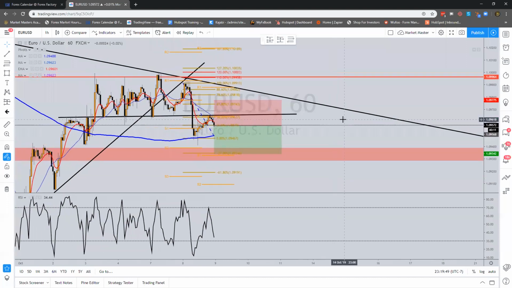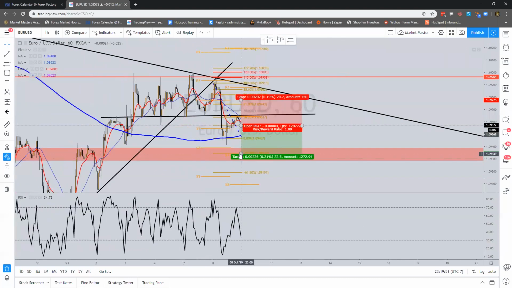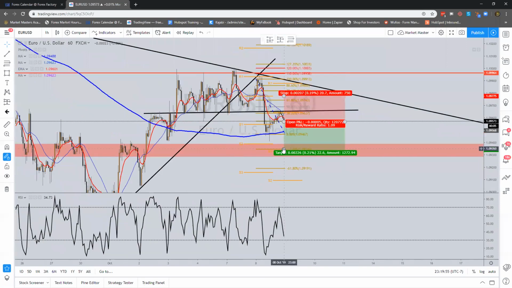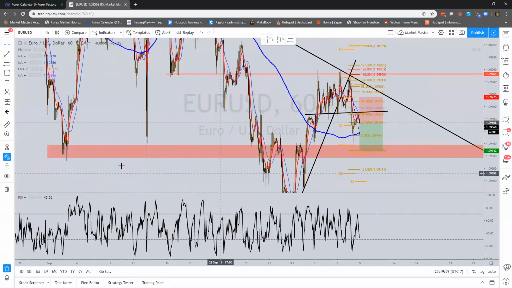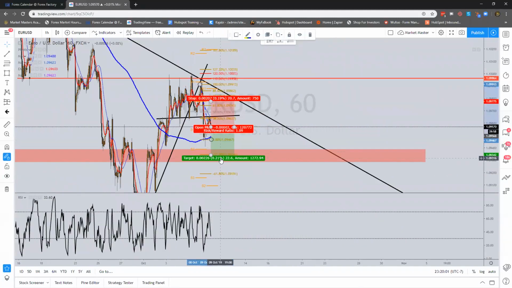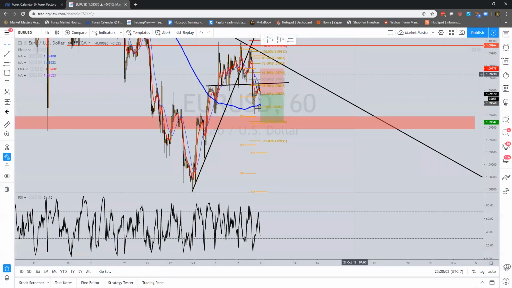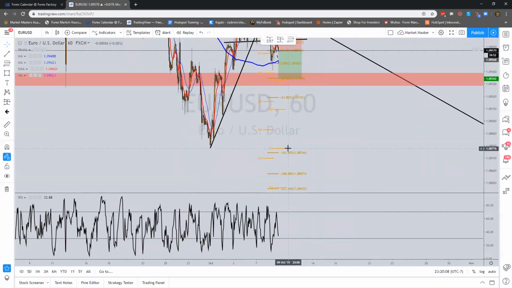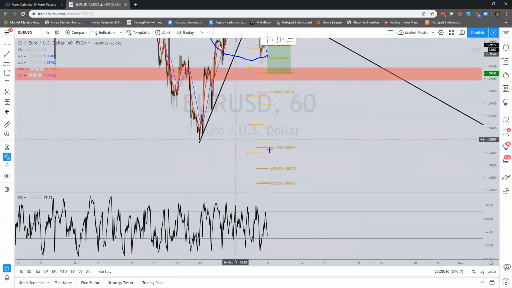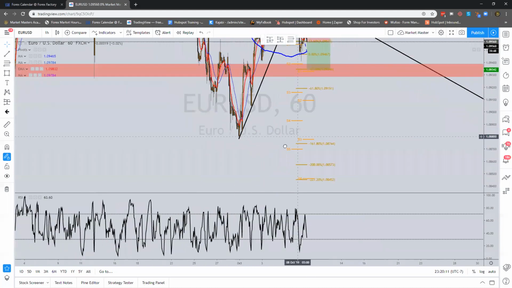But yeah, overall, the main target we're looking for is this S1. And I would say S1 is gonna be right here, especially because there's a major support right here, this zone right here. So it might hit and then reject going up, but if it breaks through, we should be seeing it hit negative 61.8 and probably even this S3, negative 161.8.